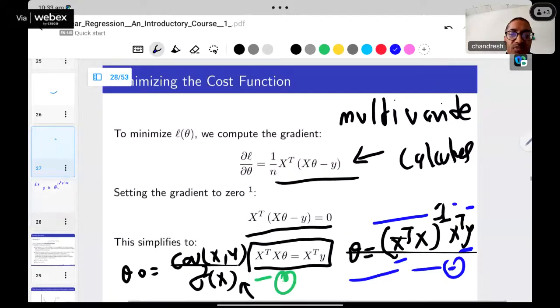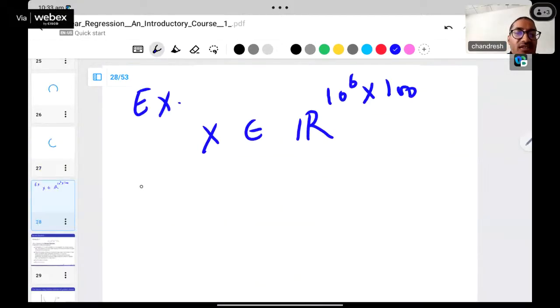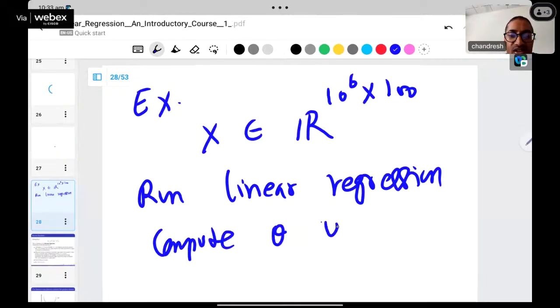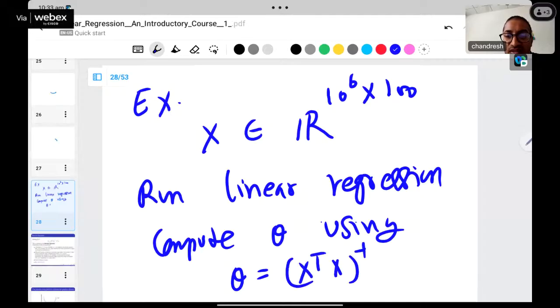When I'm saying run linear regression, that means compute theta using this equation, X transpose X inverse X transpose Y, and note down the time, how long it takes.